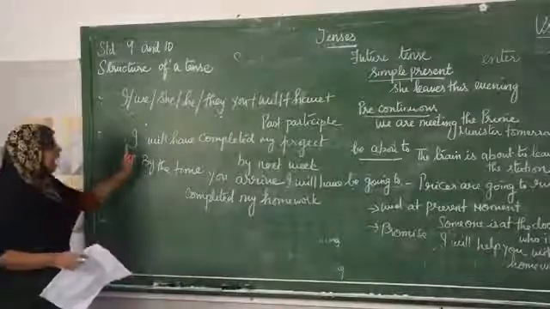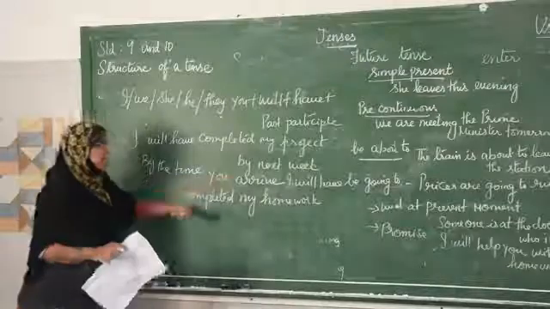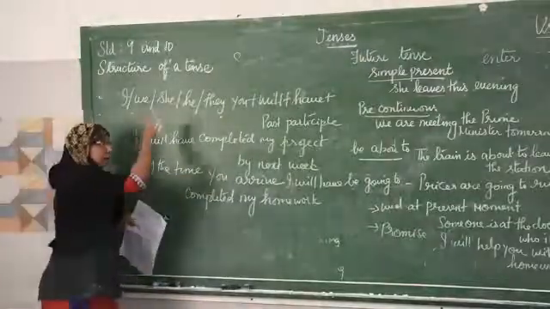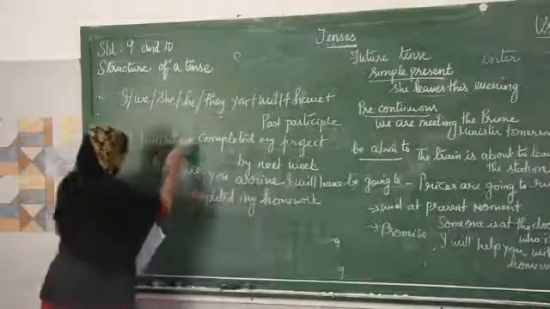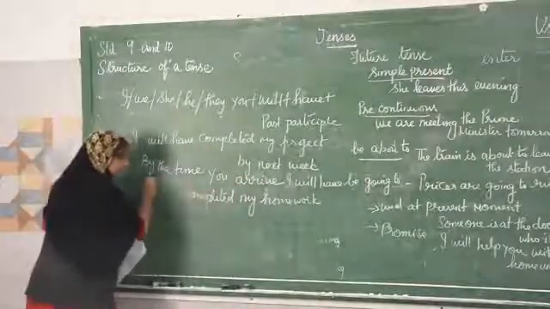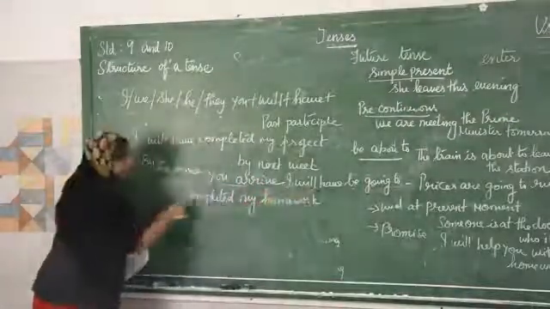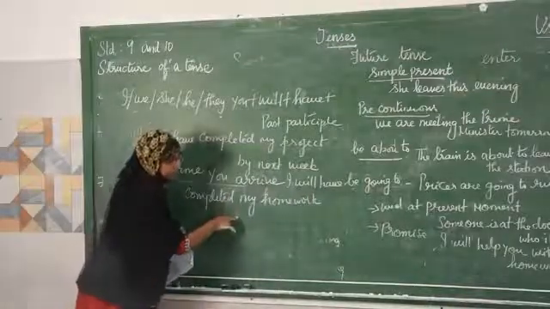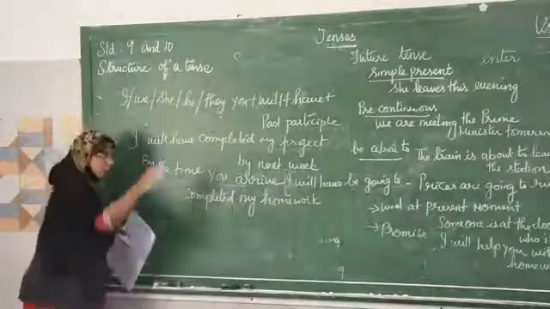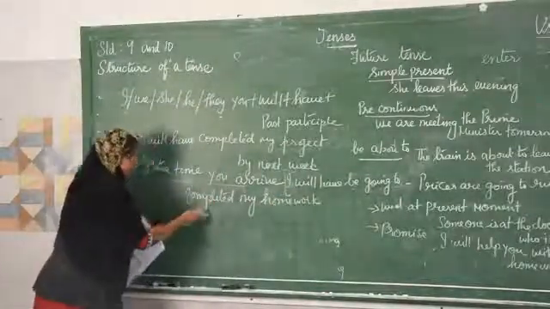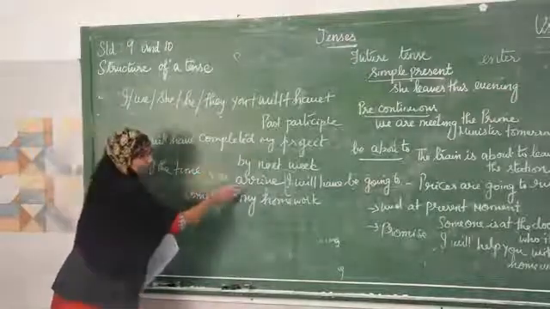For example, I will have completed my project by next week. That means one action would have been completed in the future before another action takes place. Clear? Even here, by the time you arrive means before that, you have completed your homework. So which action takes place first here? I will have completed my work. In the future, you would have completed this work by the time your friend or someone arrives there.